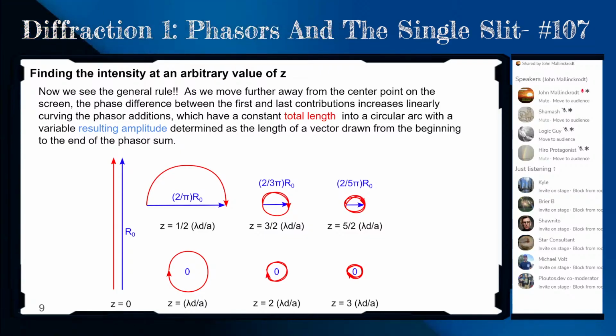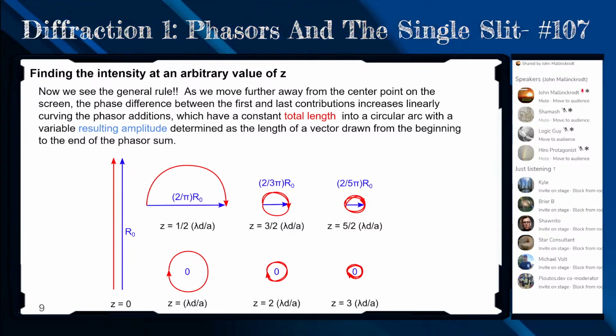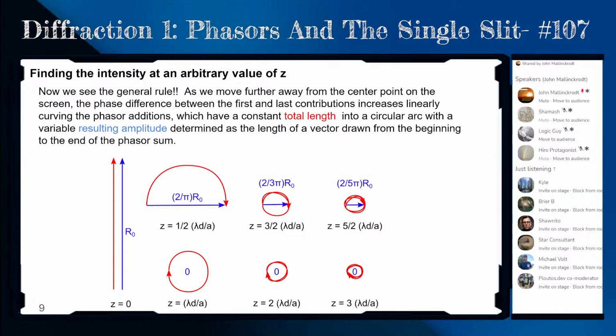And I hope you can see that if I continued this along the top line there, I'm going to get 2/7 pi, then I'm going to get 2/9 pi, 2/11 pi, 2/13 pi. It just continues of that same thing. And along the bottom line, I'm going to get 0, 0, 0, 0, 0. I wrap it up into a circle, wrap it up into 2 circles, 3 circles, 4 circles, 5 circles.